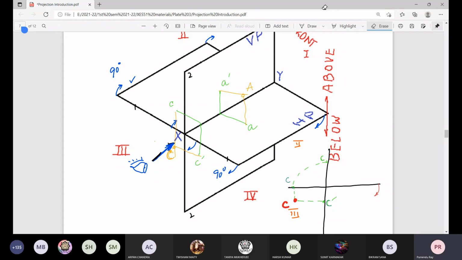Suppose, what about your height? 154 centimeters. That is in metric.